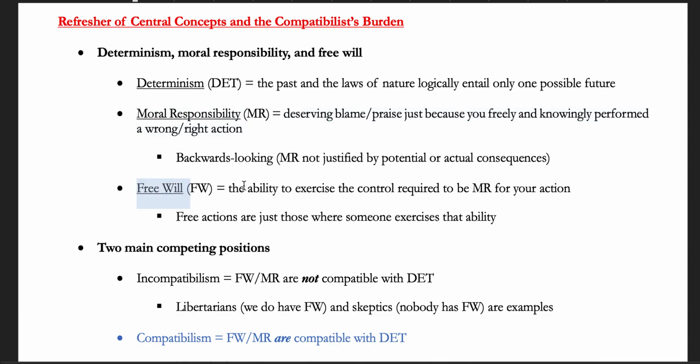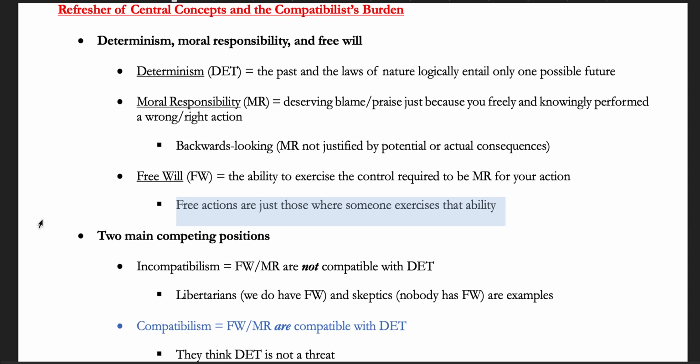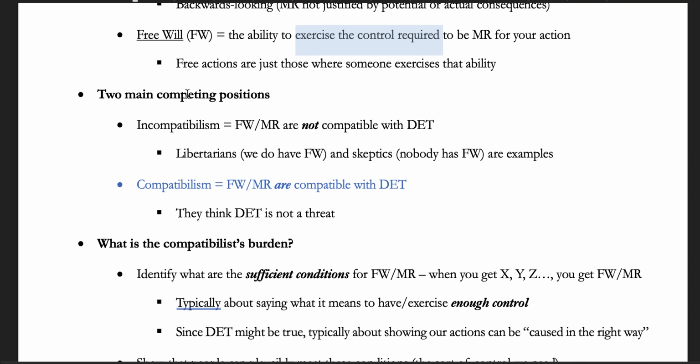It's the ability to exercise the control that's needed to be morally responsible for your action. Free actions are then those actions that involve the exercising of that ability to control the action in the sense required for moral responsibility.